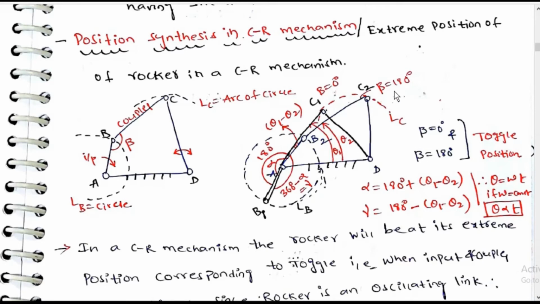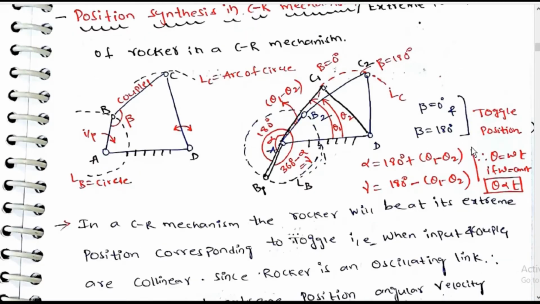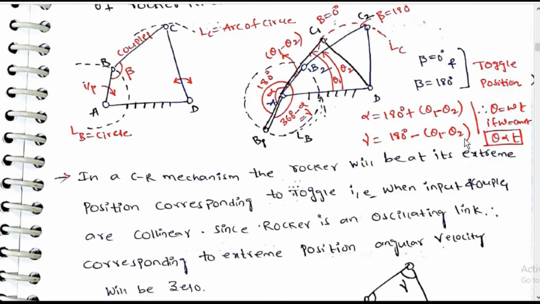Beta is equal to 180 degrees in this position, and beta is equal to 0 degrees in this position. Beta equal to 0 and beta equal to 180 degrees are toggle positions. Alpha is equal to 180 plus theta 1 minus theta 2. Gamma is equal to 180 minus theta 1 minus theta 2.